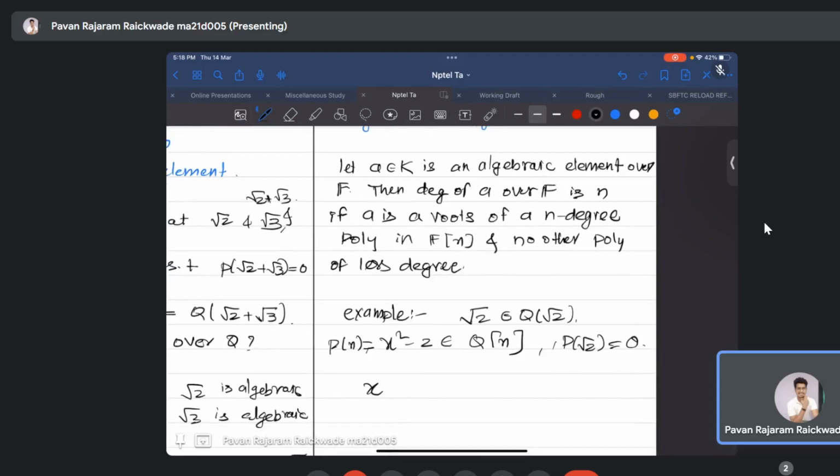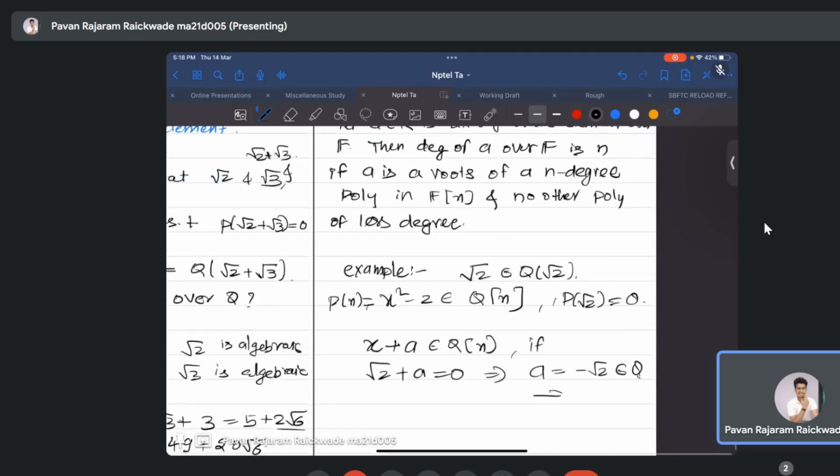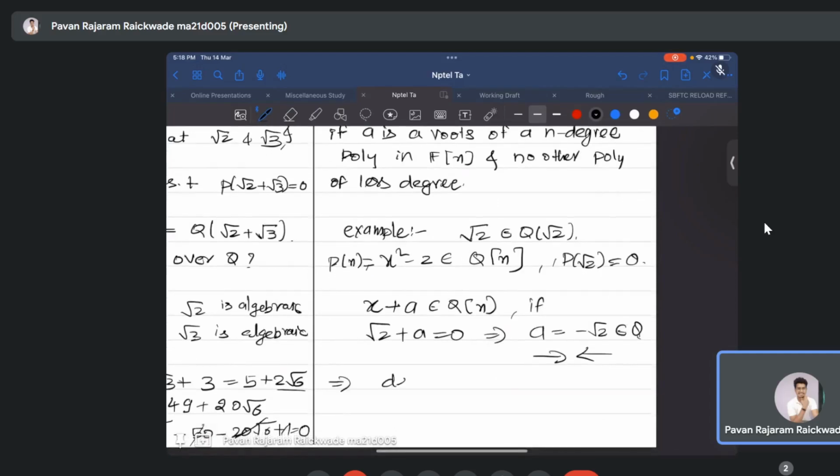Take any degree 1 polynomial x plus a belonging to Q[x]; if root 2 plus a is 0, then you get a equals minus root 2 belongs to Q. But this is a contradiction. Hence the degree of root 2 over Q is 2, because 2 is the least degree polynomial satisfied by the element root 2, and this x squared minus 2 is the least degree polynomial.